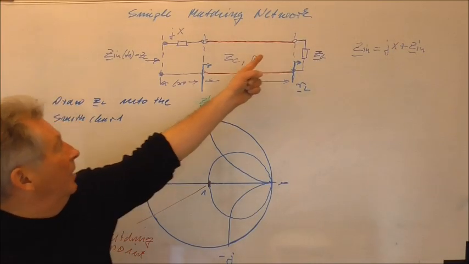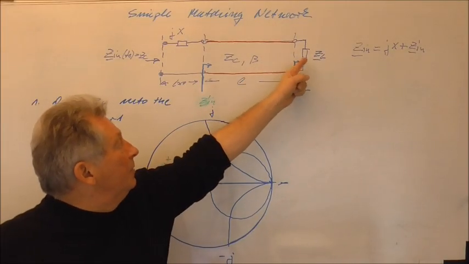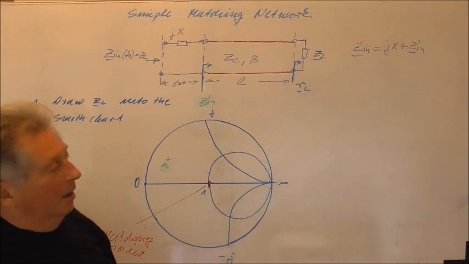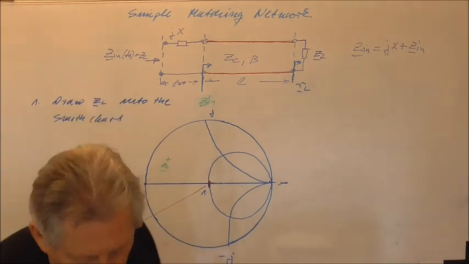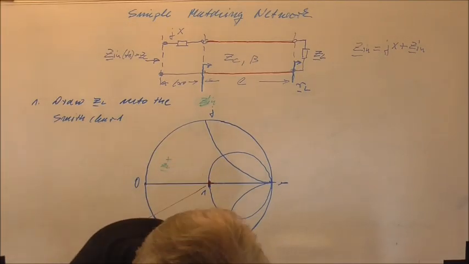And now we are able to put in front of this load impedance a transmission line. And with the help of the transmission line we can walk on which circle again? Who can tell me?